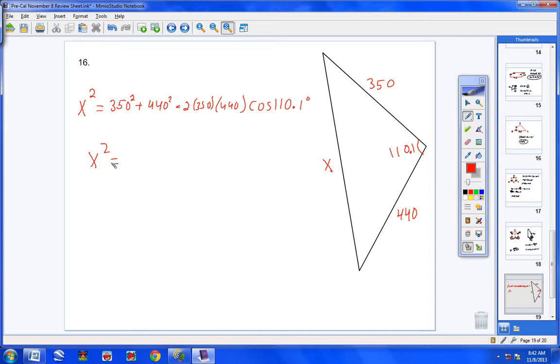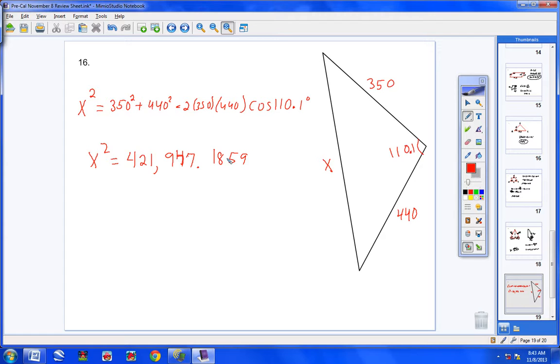So x squared equals, let me grab my calculator real quick here, 350 squared plus 440 squared minus 2 times 350 times 440 times cosine of 110.1. I'm getting a large number of 421,947.1859.